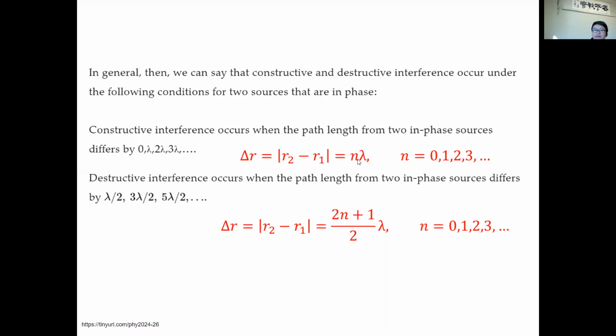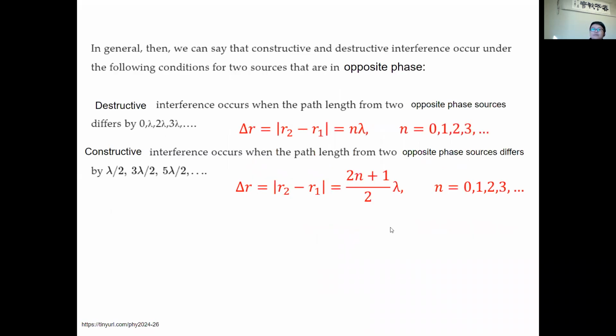That should equal lambda times n, where n equals 0, 1, 2, 3, etc. The two waves will interfere destructively if their paths differ by half lambdas. So delta r equals (2n plus 1) over 2, which gives you halves of lambda, where n is equal to 0, 1, 2, 3, if the two sources are in phase.